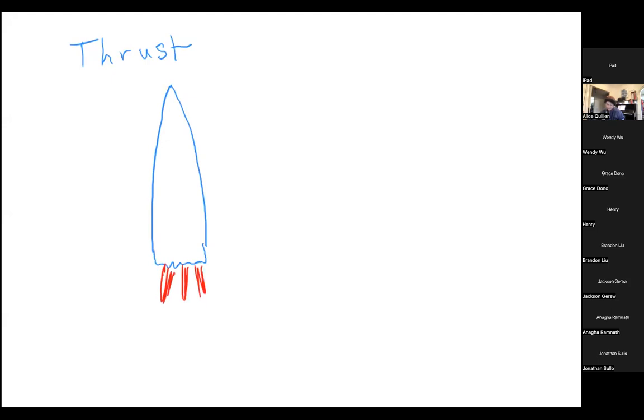The rocket has a mass m and a velocity v. There's some mass outflow rate coming out here, and it's moving at a velocity v rel. So v rel is the velocity of the propellant with respect to the rocket.